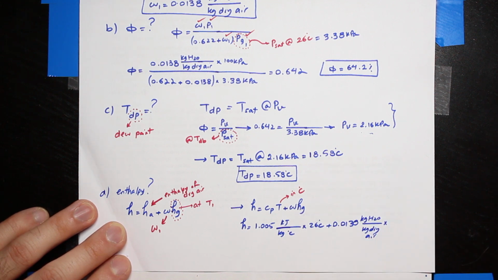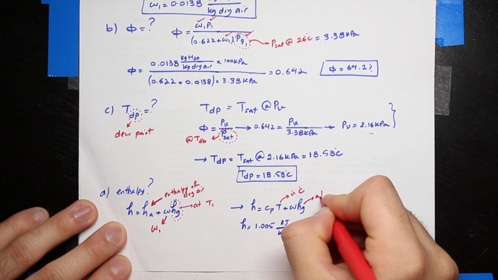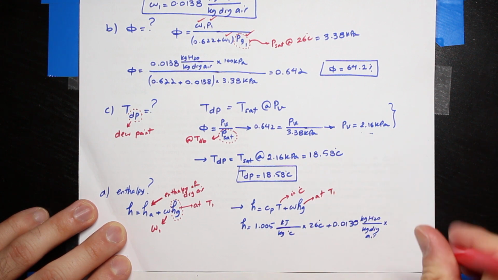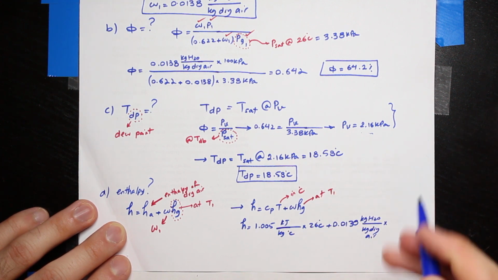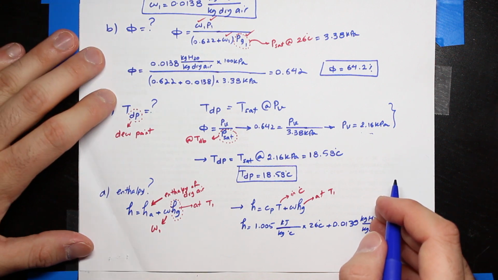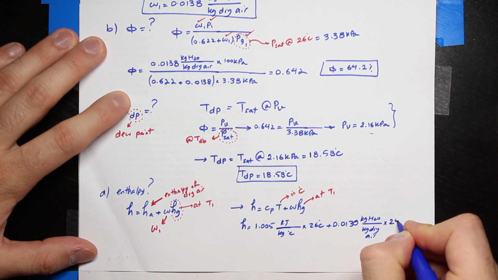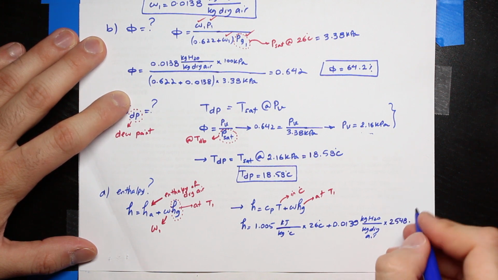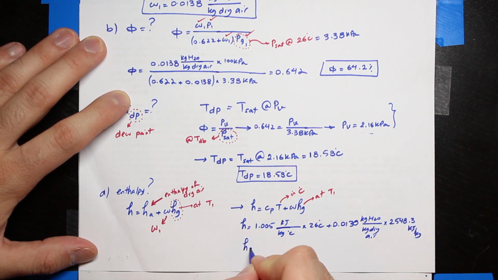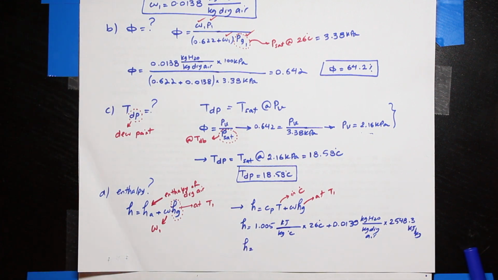So this Hg is also evaluated at T1, or at dry bulb temperature, let's say. So at dry bulb temperature, the value of Hg is 2548.3 kilojoule per kilogram.